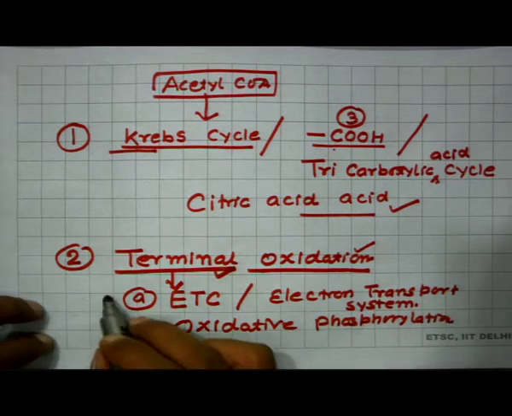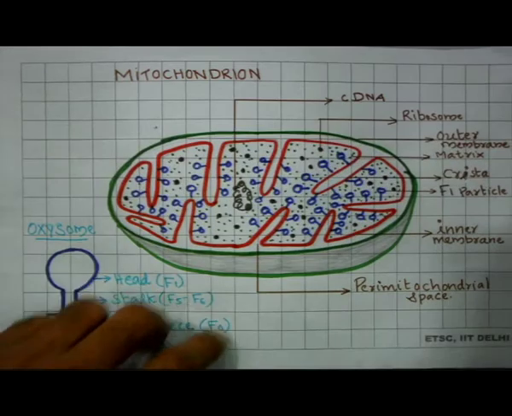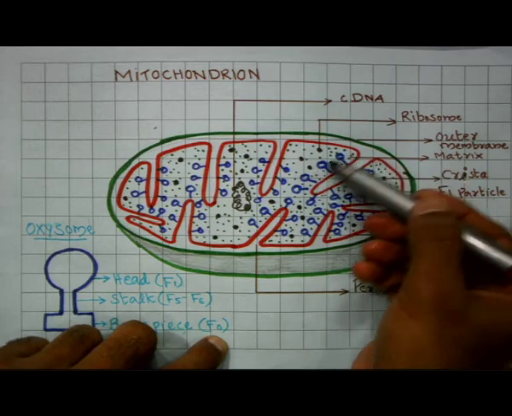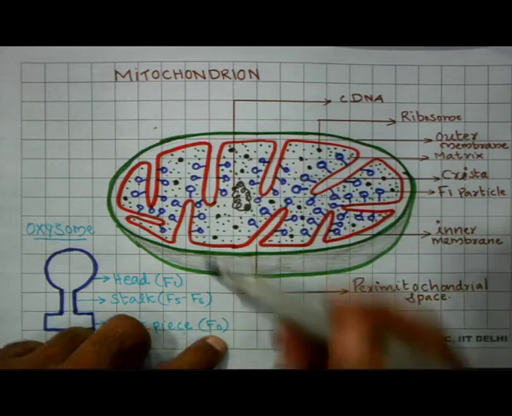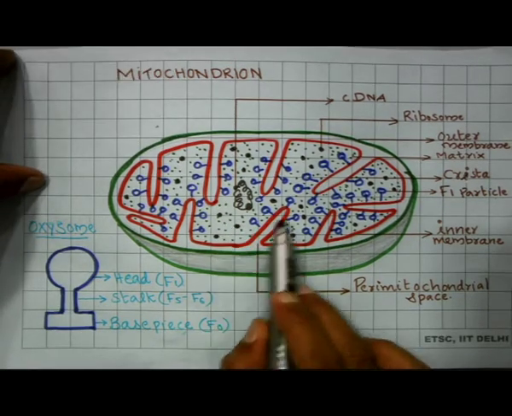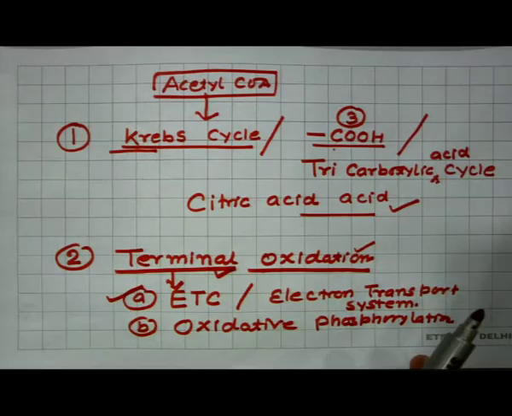So, this electron transport chain and the oxidative phosphorylation take place, the oxidative phosphorylation takes place in oxygen, and inside the matrix all the enzymes for the electron transport chain and other cytochromes are found here in the mitochondria.